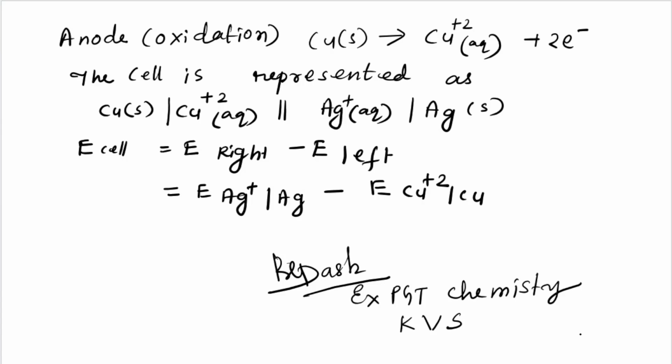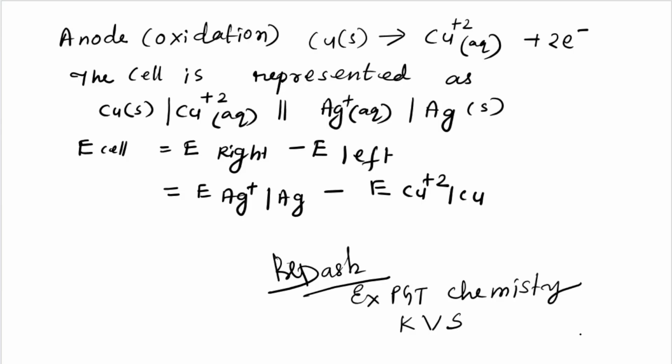Cathode reduction takes place, anode oxidation takes place. The cell is represented as Cu, one vertical line, Cu2+ aq, double vertical line, Ag+ aq, and oblique Ag.